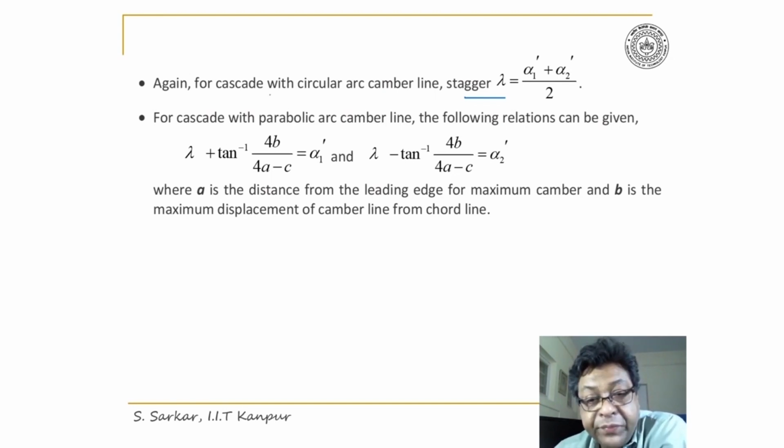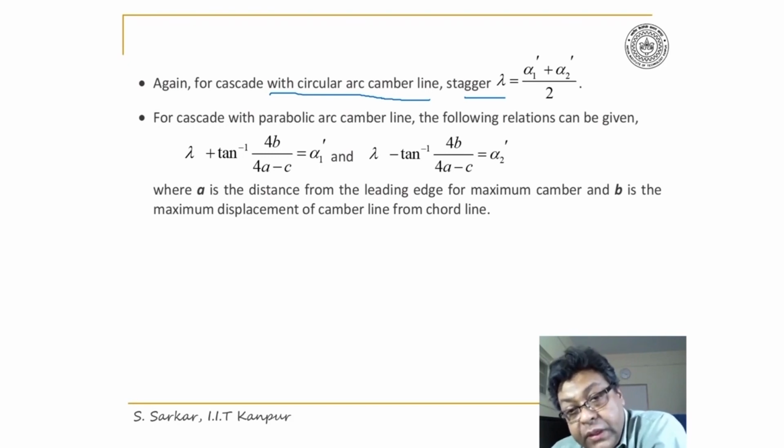Thus, for a circular arc camber line, the stagger can be expressed as lambda equal to alpha 1 dash plus alpha 2 dash divided by 2.